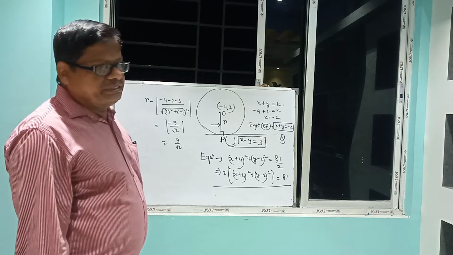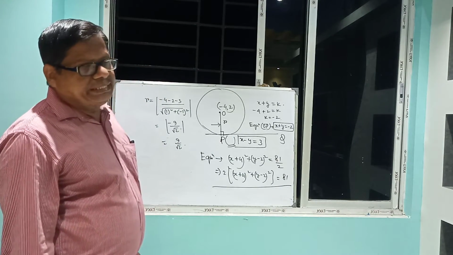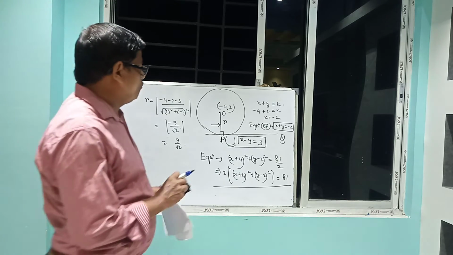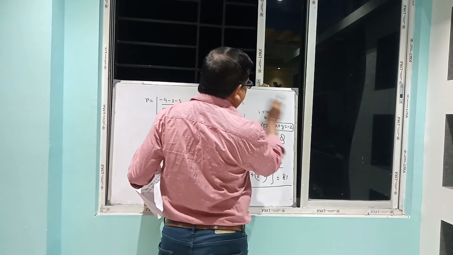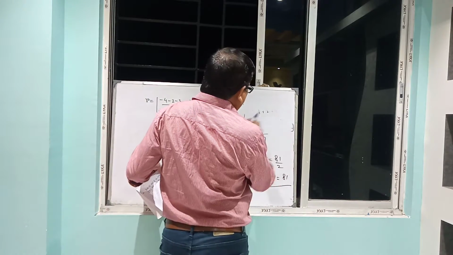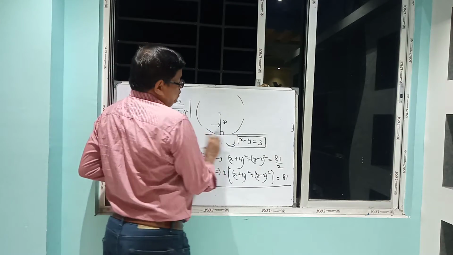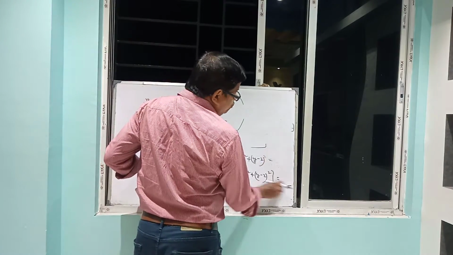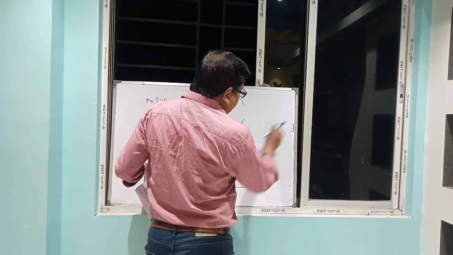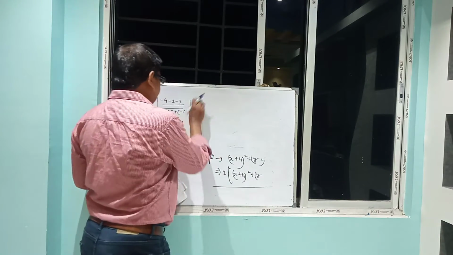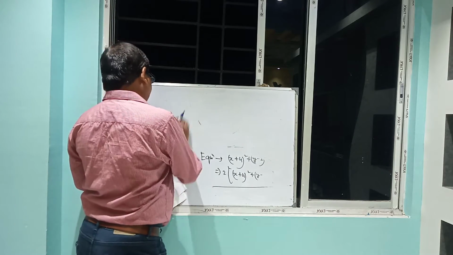Understood? c equal to plus minus a root 1 plus m square. With the help of calculus we can prove this part also. Ellipse is also there, hyperbola is also there, parabola is also there, like that. Okay? Keep in mind.